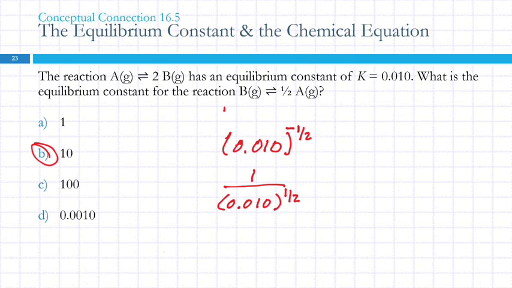They could give you 3 equations that you have to add together to get the final one, or say, here's the final equation, and what's the missing one in the middle? Things like that. But reverse it, invert K. Multiply coefficients, raise K to a power. Add equations, multiply K. 3 rules. Any other questions?